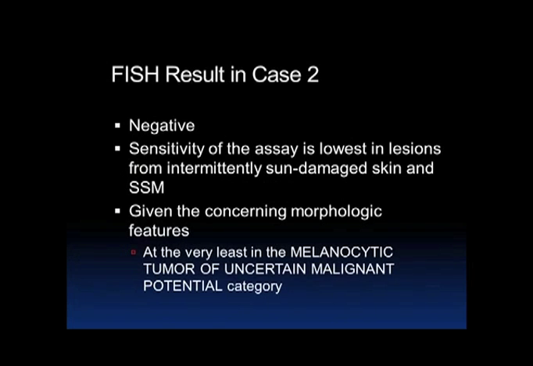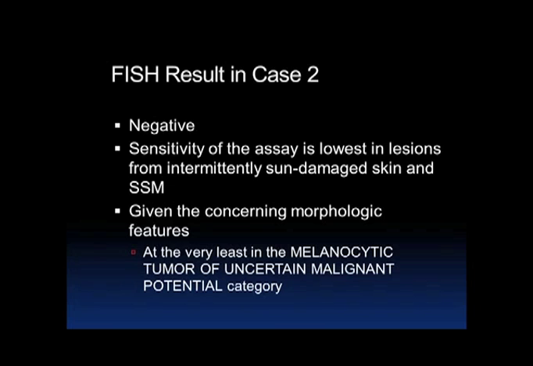Now, this is why I chose this case, because it exactly shows what the problem with the FISH assay is. So basically, the FISH assay in our case was negative. Now, there's one big caveat to that. So first of all, the FISH probe that was done was still the old probe. So we have not repeated the new probe for this, and I don't know if that would be any different.